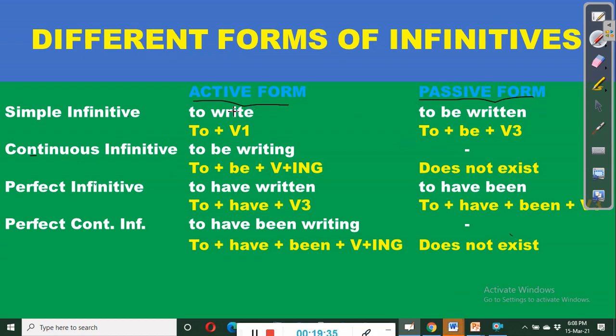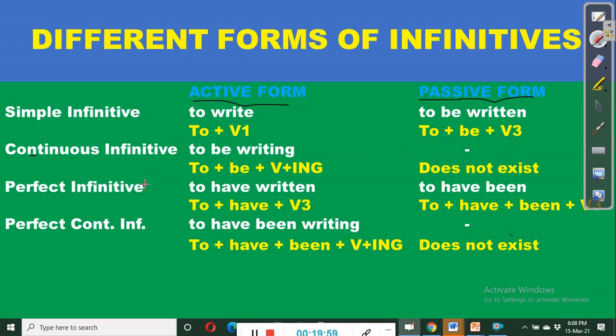The active simple infinitive is "to write." Now the active continuous infinitive is "to be writing." So the structure is to plus be plus V-ing, the ing form of the verb. And so we have "to be writing." The passive form of the continuous infinitive does not exist.